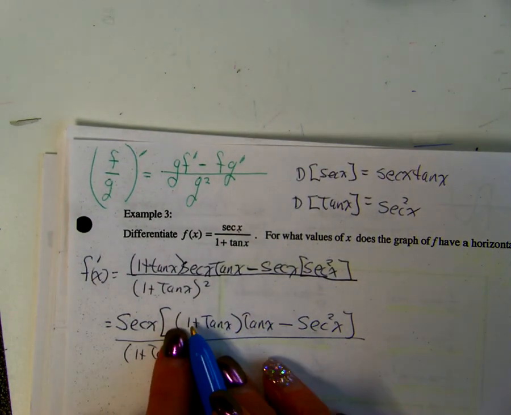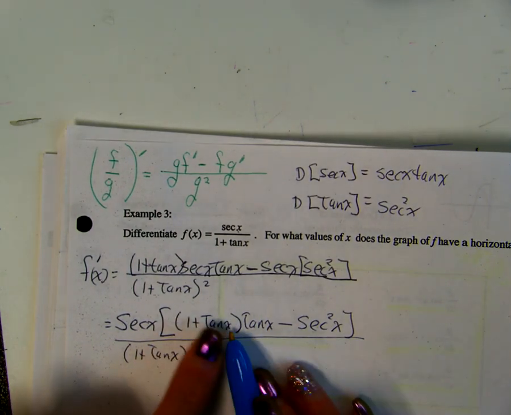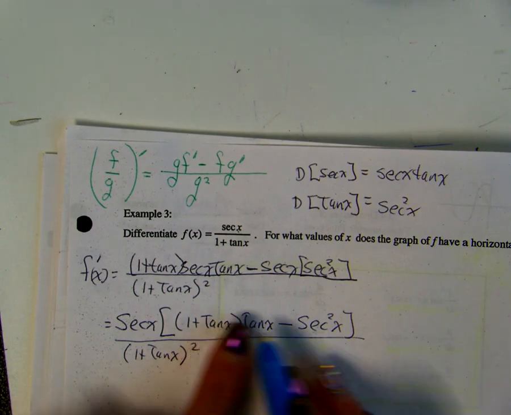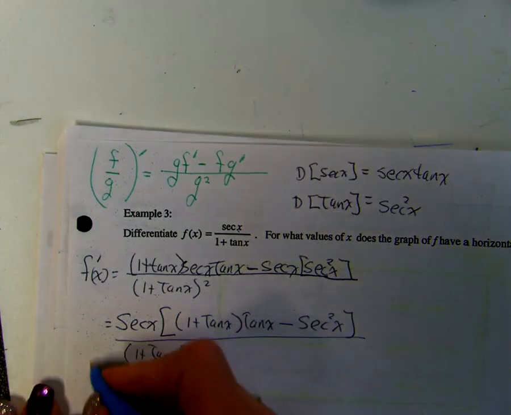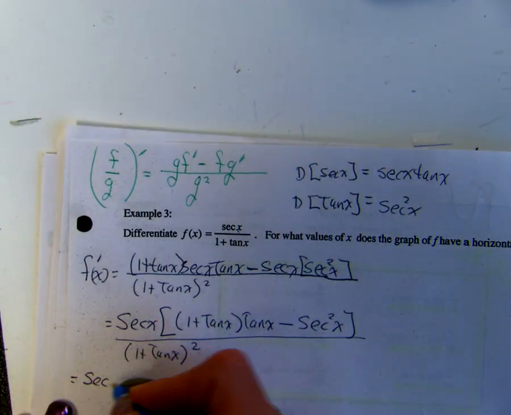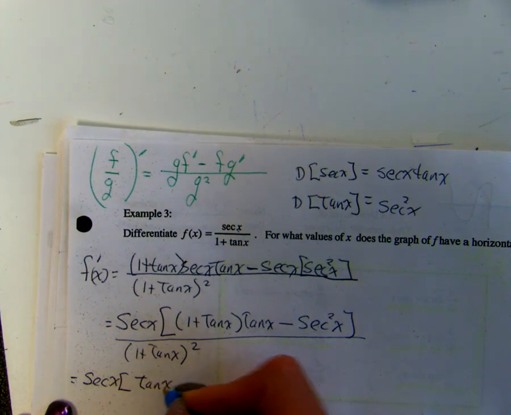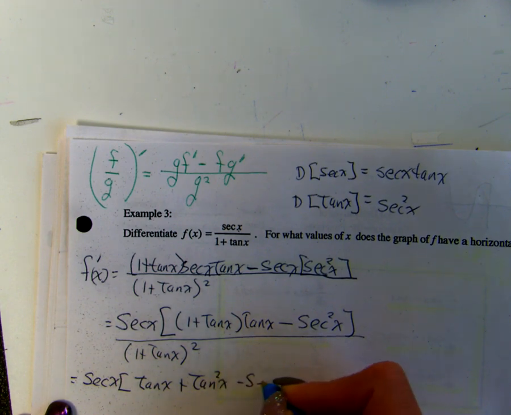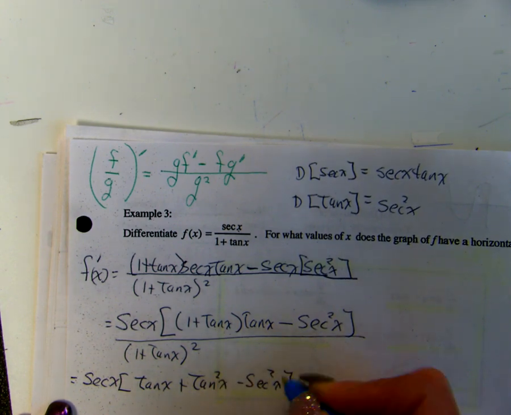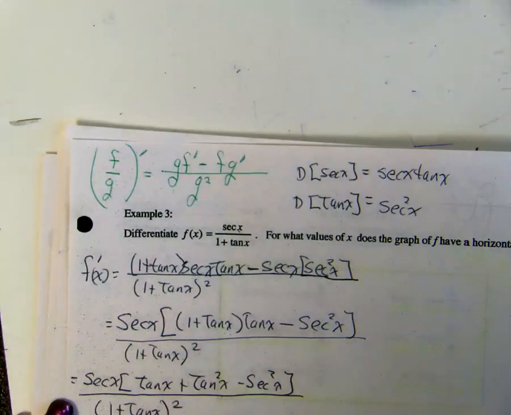Okay, so this tan distributes to both of those terms. You're going to get tangent plus tangent squared minus secant squared. Do we all see that? Okay. So I've got secant x bracket tan x plus tan squared x minus secant squared x all over bracket 1 plus tan x all squared.